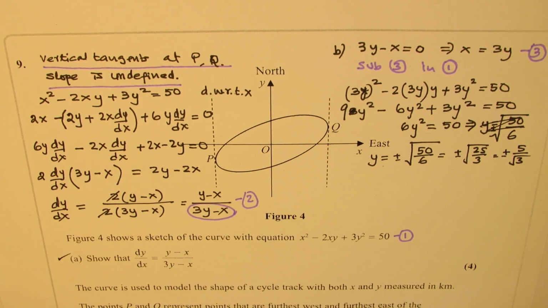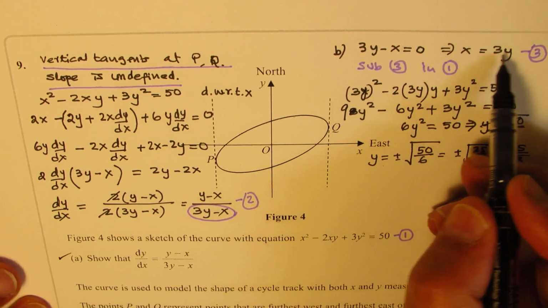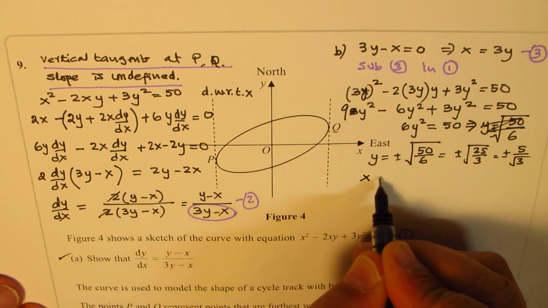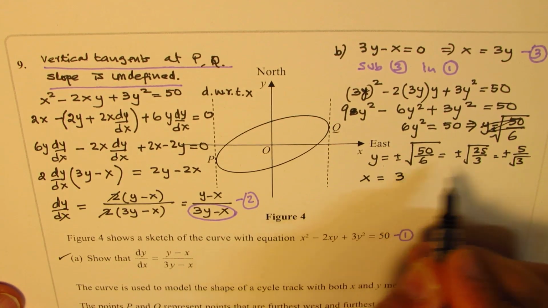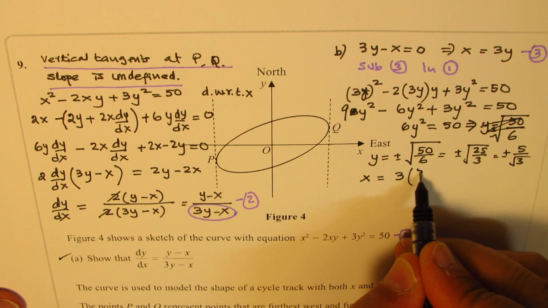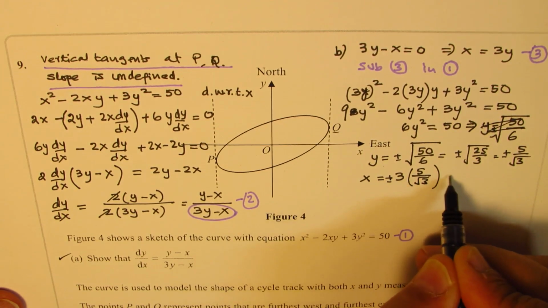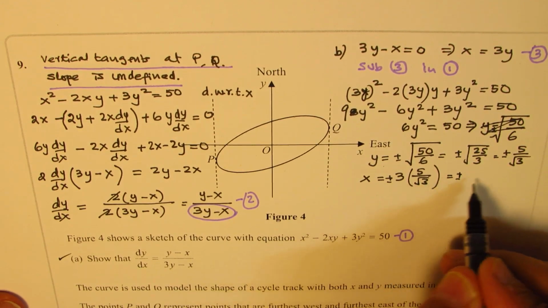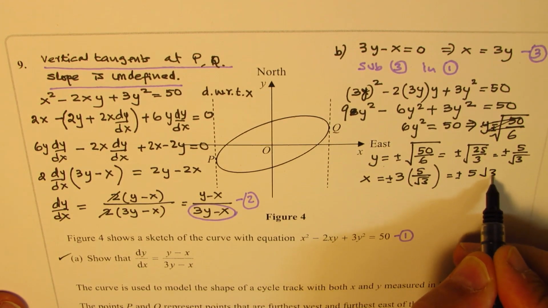So this becomes the value of y. What is x equal to? x is equal to 3 times y, so which is 3 times 5 over square root of 3, plus and minus. You can write this as 5 square root 3. Is that clear to you?